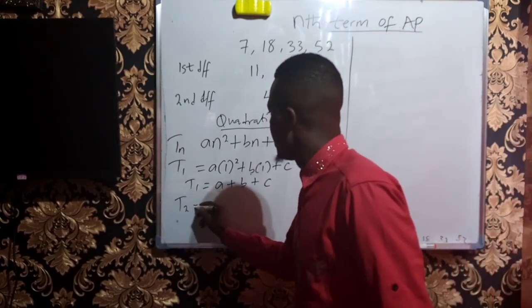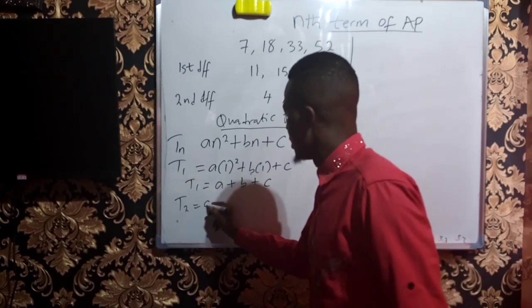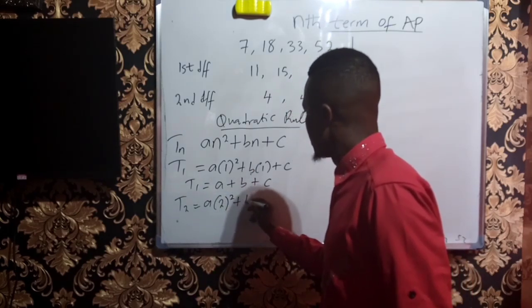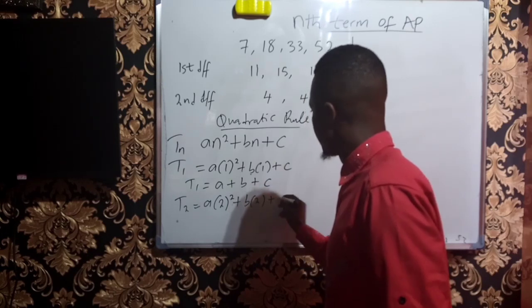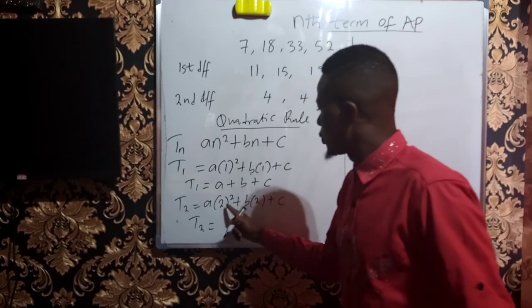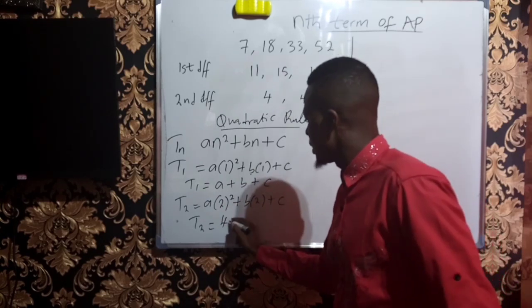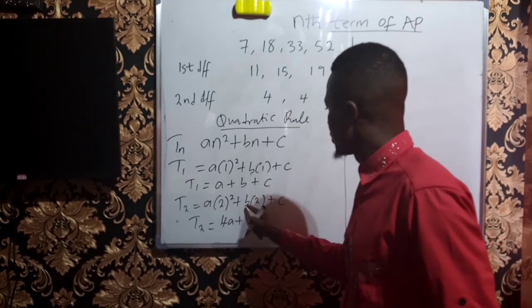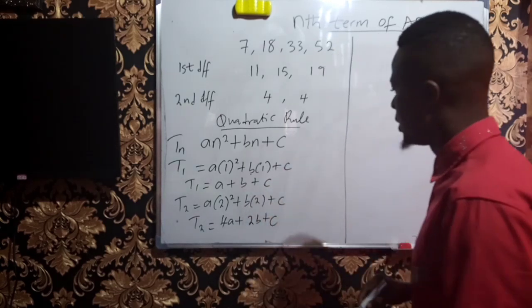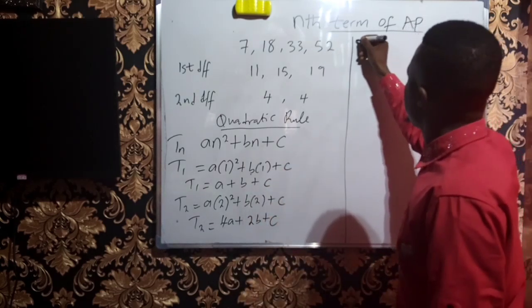My t2, I'll put 2 in the same formula. I'll have a into 2 squared plus b bracket 2 plus c. So t2 will give me 2 squared is 4, 4 times a is 4a, plus b times 2 is 2b, then plus c.